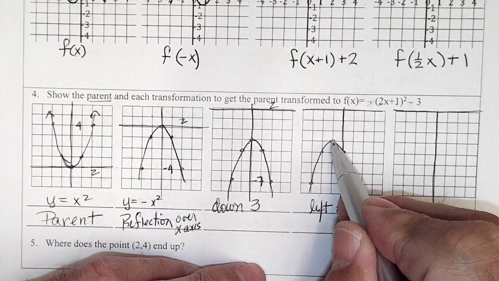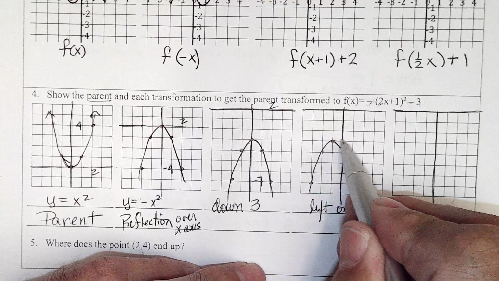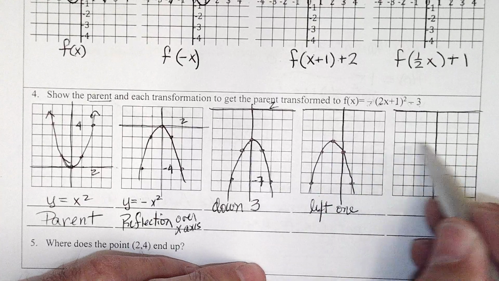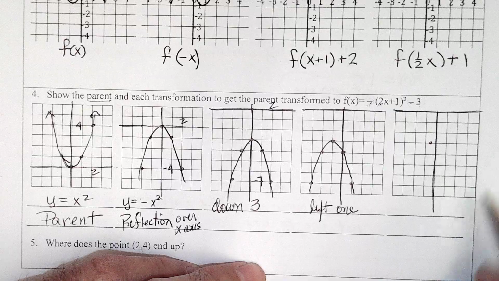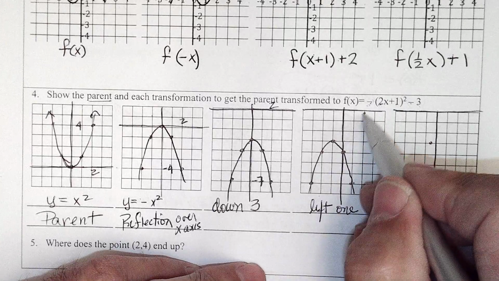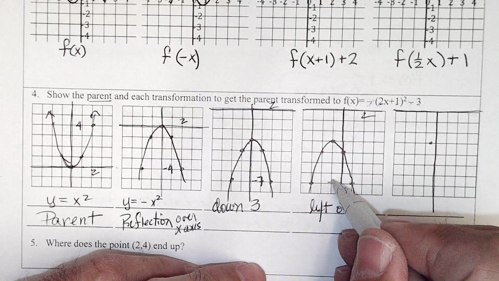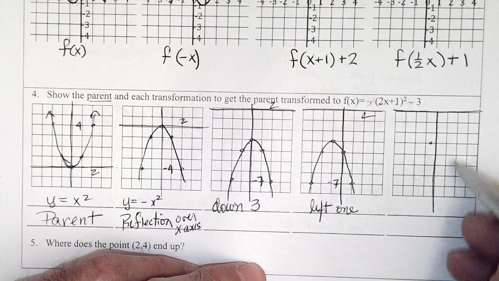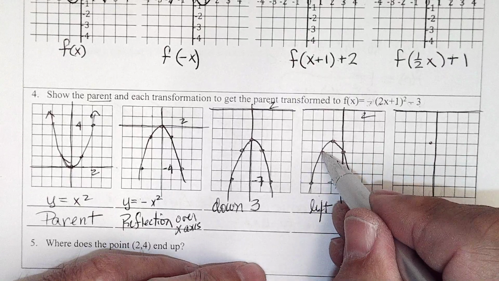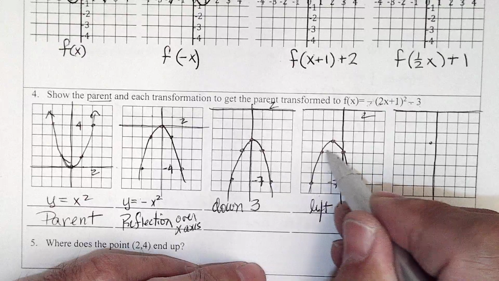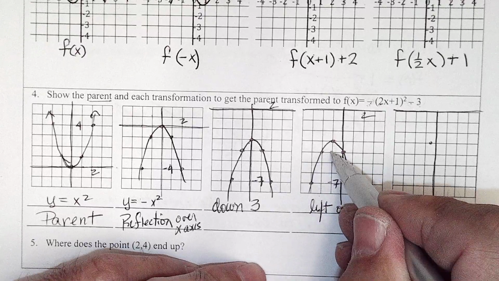This is 1 away from the y-axis. That length is 1, and it goes half of that, so it's at a half. And this was 2 away from the y-axis, so it goes to half as far, 1 away.